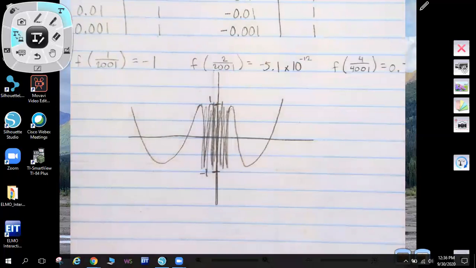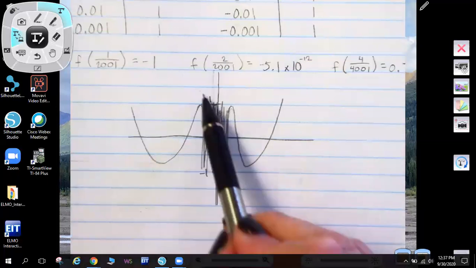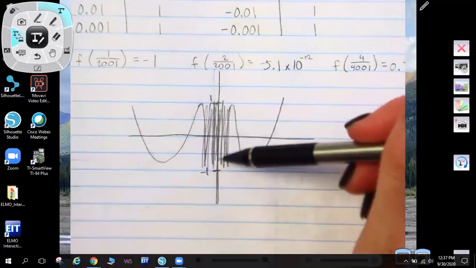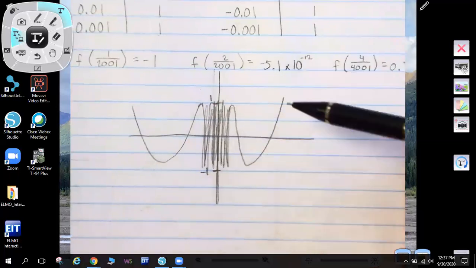Okay, so from looking at the graph, we can see as we move in towards a t or x value of 0, the function starts oscillating really wildly, going back and forth across the x-axis. And it gets crazier and crazier as you get closer and closer to 0. So it's oscillating kind of nicely out here, and then you get closer and closer to 0 and it goes crazy, and then it's kind of okay as you get on the other side.